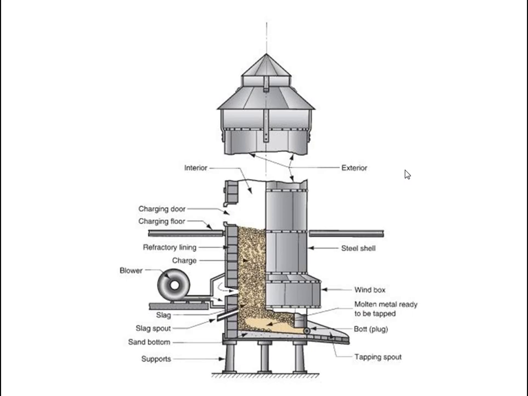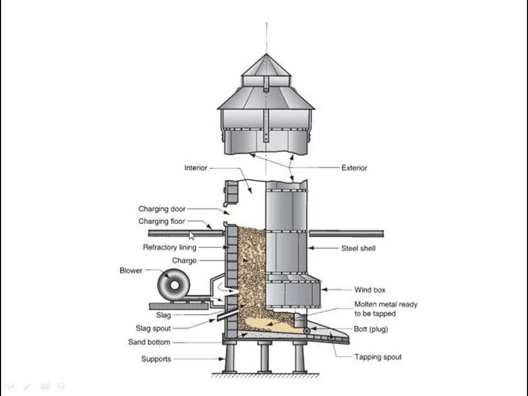And there is a figure of a cupola furnace. At the bottom there is support, and after the support there is the sand bottom, and there is the slag spout. This is the slag. This is the blower, this portion, and this is the charge, and this is the refractory lining.